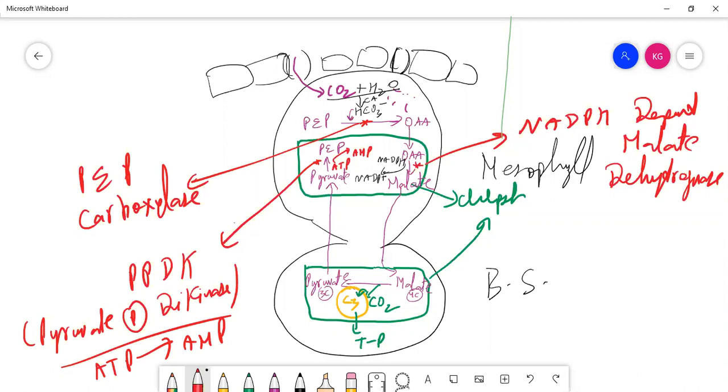Energy released is said to be equivalent to 2 ATP molecules. And finally, we get PEP. PEP moves out into the cytoplasm, and again it is ready to capture another carbon.